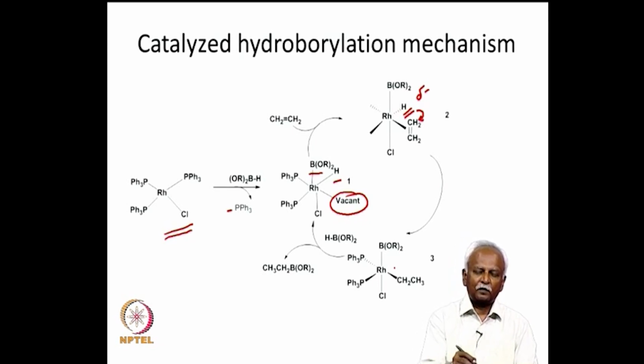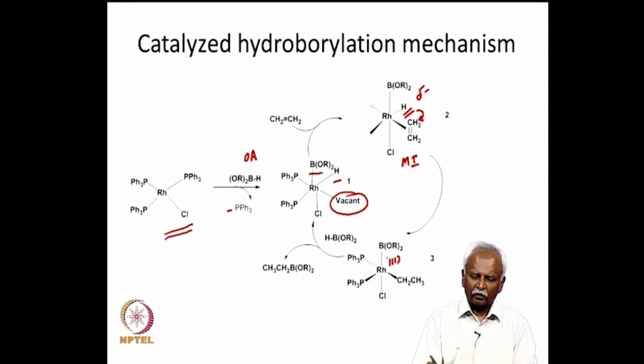The first step is in fact an oxidative addition process, and then of course, you have a substitution of the phosphorus by the olefin, and then you have a migratory insertion. This is a migratory insertion that has happened, where H minus or at least a pseudo H minus is migrating from the metal onto the olefin, leading to the formation of another rhodium 3 species.